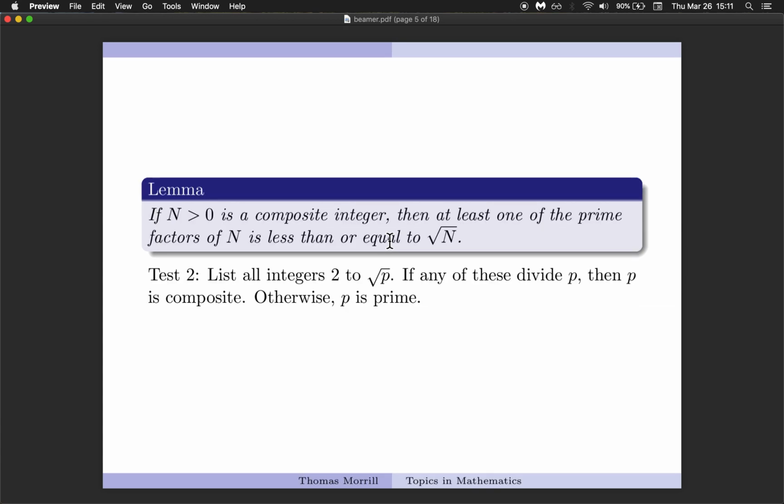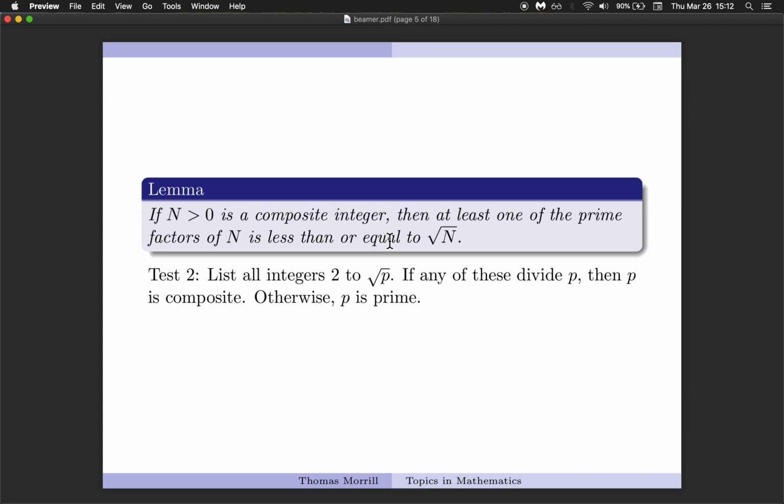Now, if we work smarter, we can exclude some of those divisors that we're checking and save ourselves a significant amount of effort. This is our lemma from the previous lecture.